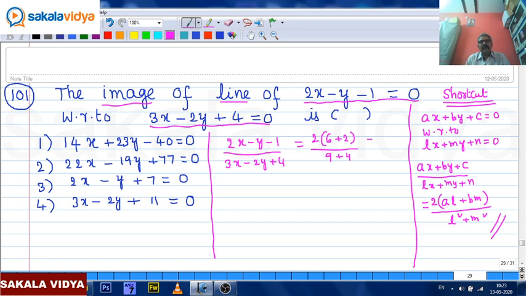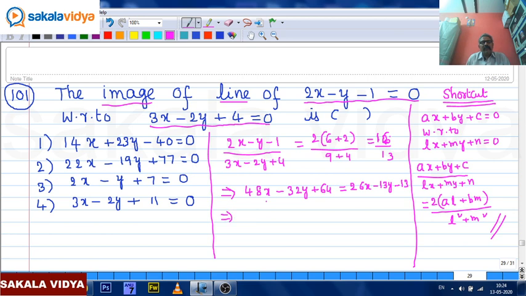So this equals 16 upon 13. Cross multiplication, we get 16 into 3, 48x minus 32y plus 64 equal to 26x minus 13y minus 13.